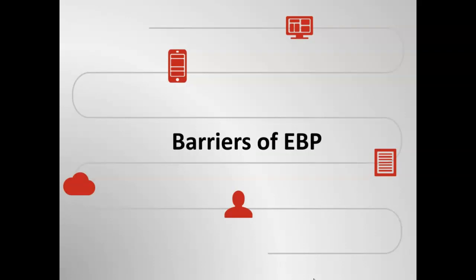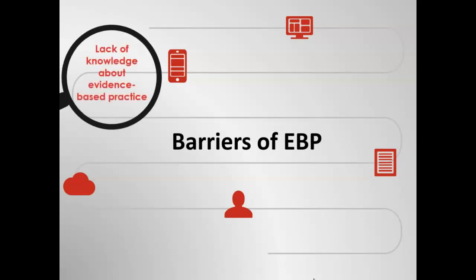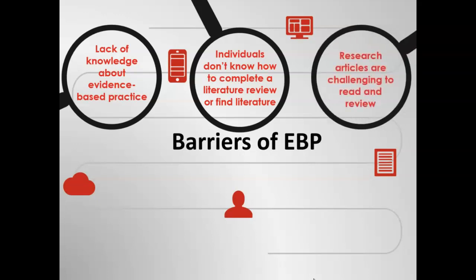What are some barriers to evidence-based practice? So if we have all this evidence out there, why aren't we doing everything the absolute best way? Well, one of them could be lack of knowledge about what's in the evidence. So maybe they haven't read it or don't know about it. Another one could be individuals don't know how to complete a literature review or find literature. Another barrier could be research articles are challenging to read and review, and they are.